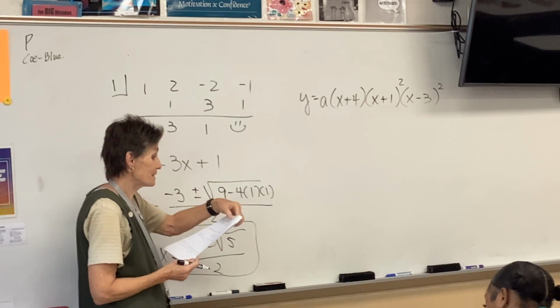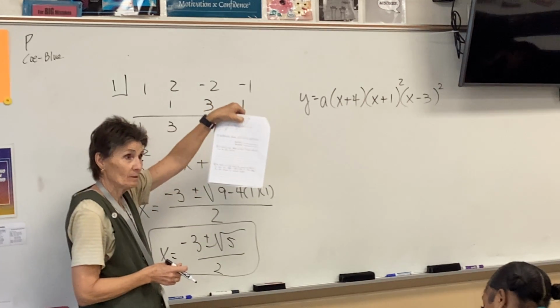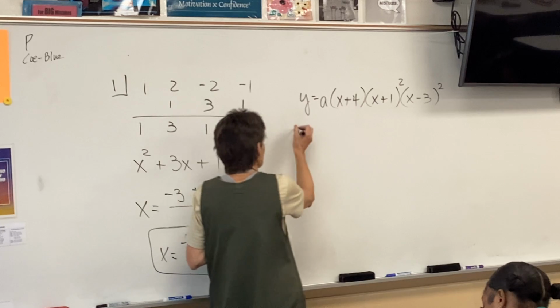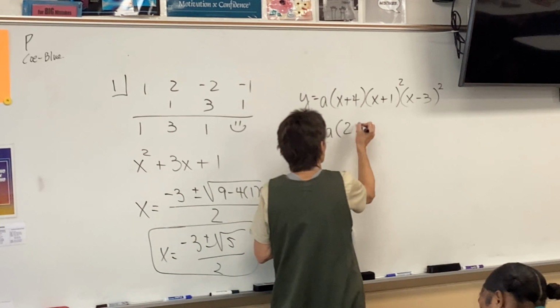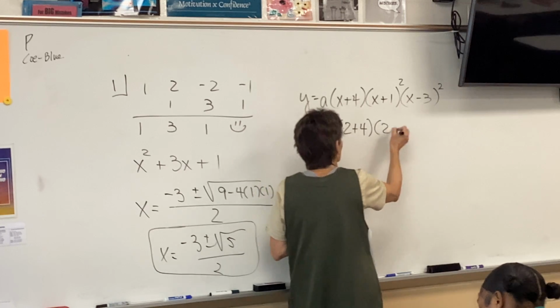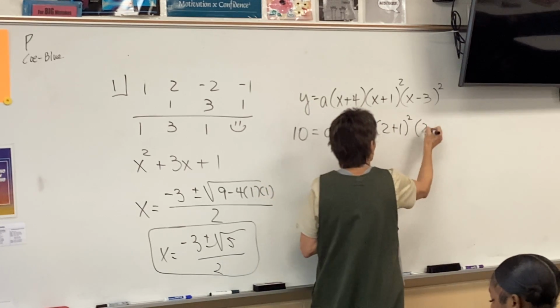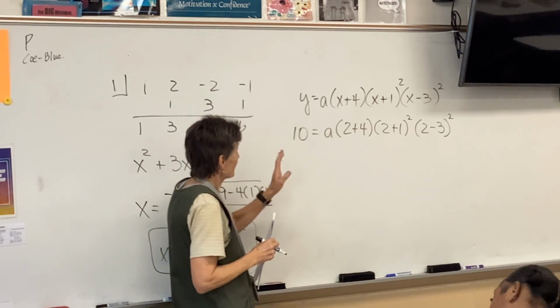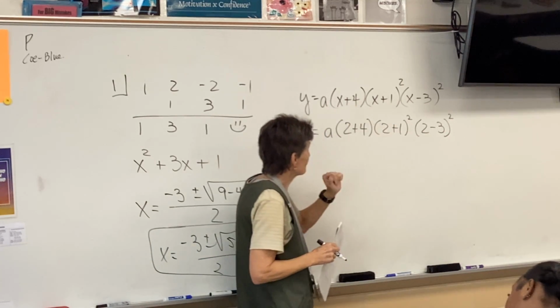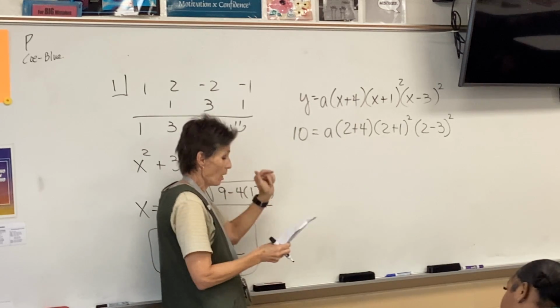Plug in the random x and y we have up here. So y is 10 and x is 2. So every x I put in 2 for, and there's only one y and I put in 10.